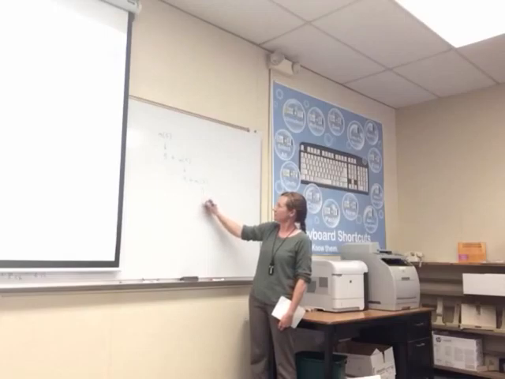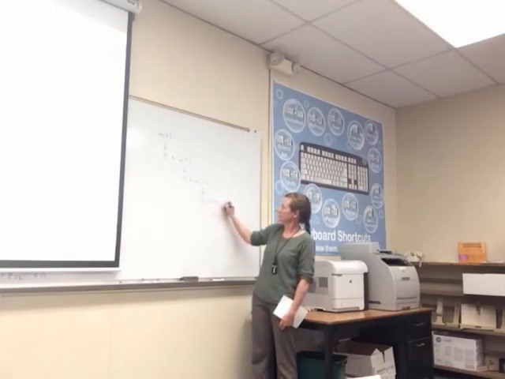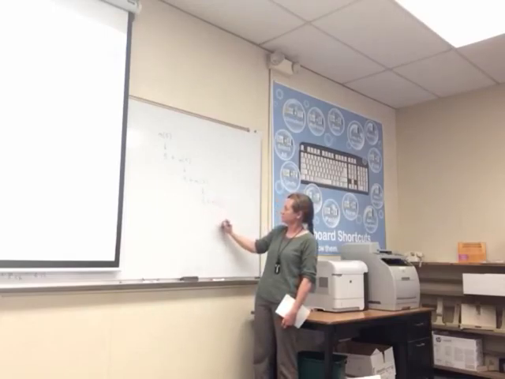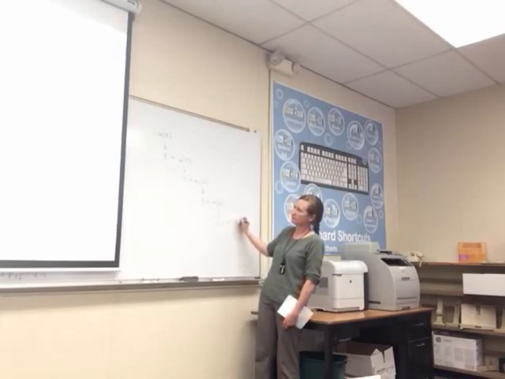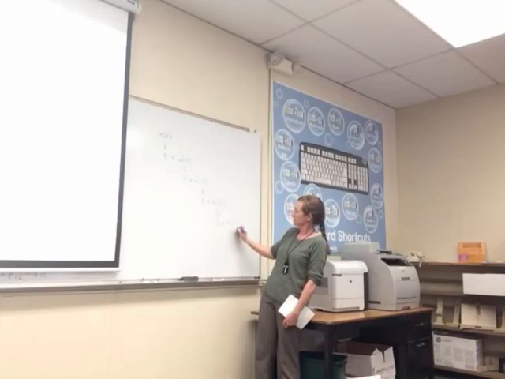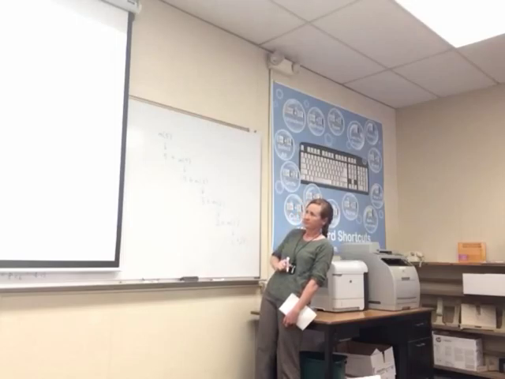This guy calls itself 3 plus calling itself again with 2. 2 plus calling itself again with 1. This guy would be 1 plus calling itself again with 0. And then that's our base case.